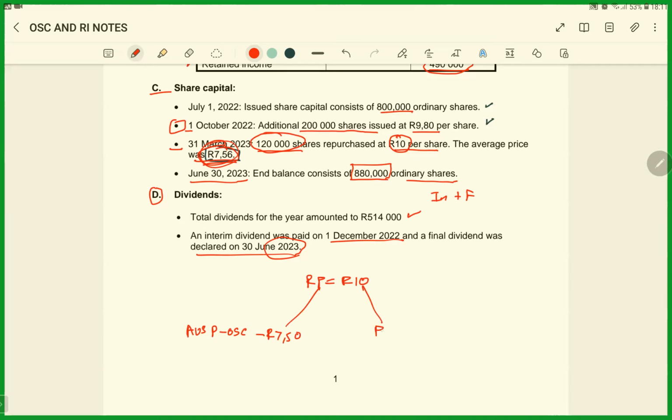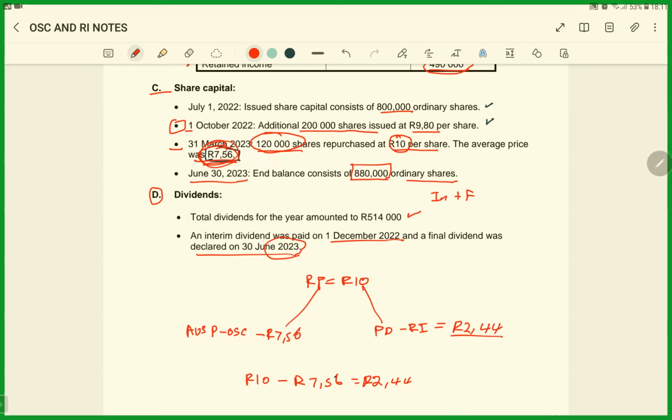Then you'll remain with the price difference. To get it, you say total repurchase price of 10 Rand, then you subtract the average share price of 7 Rand 56. It gives you 2.44, 2 Rand 44 cents.